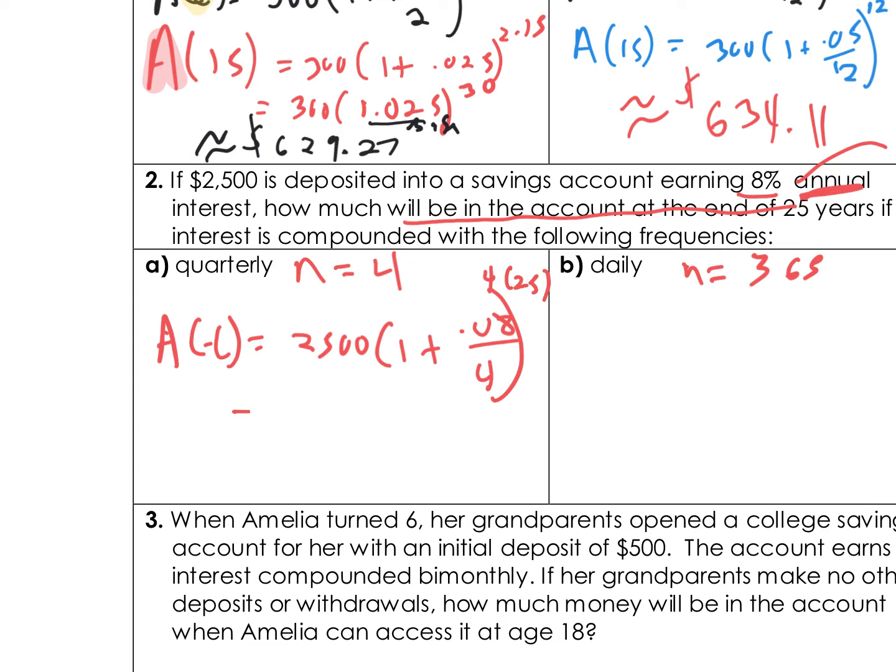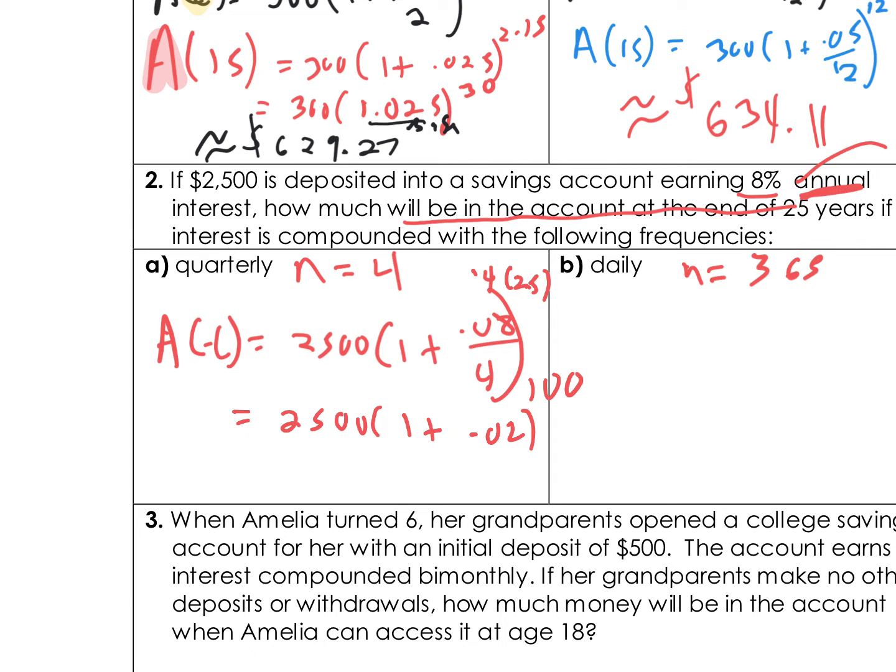I could simplify that: 2,500 times 1 plus 0.08 divided by 4, because 4 goes into 8 twice, that's 0.02. And then 4 times 25 is 100.